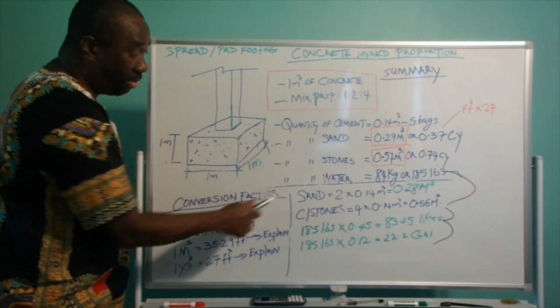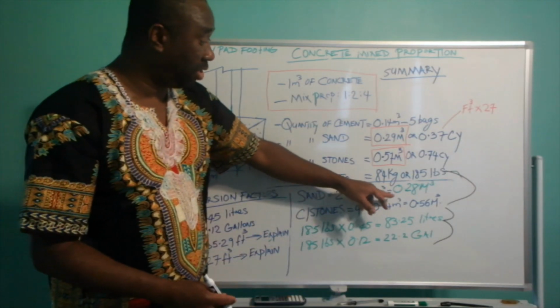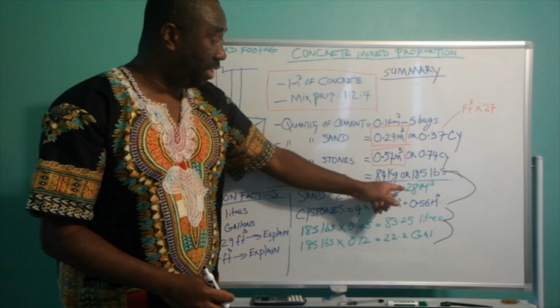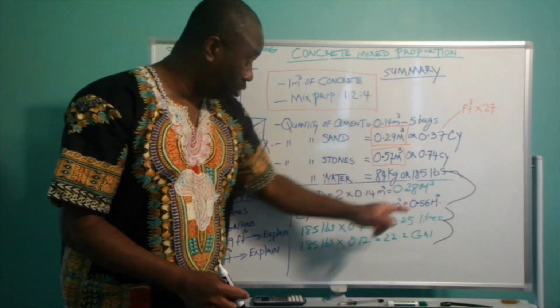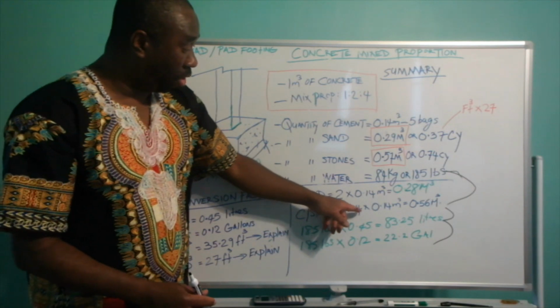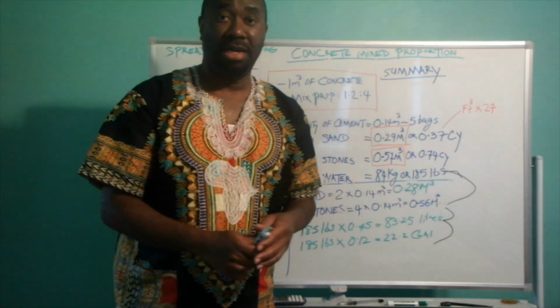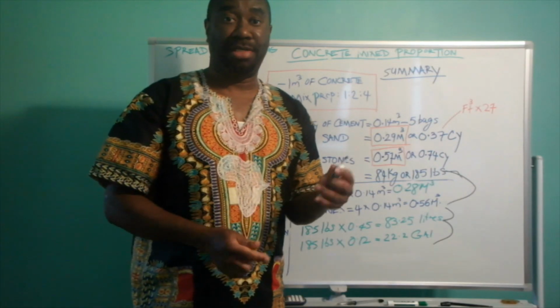For sand, it is 2 times 0.14 meter cube, and the result is 0.28 meter cube. For the stones, it is 4 times 0.14 meter cube, and that works out to be 0.56 meter cube.